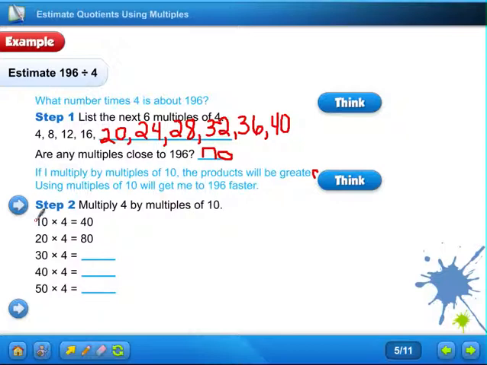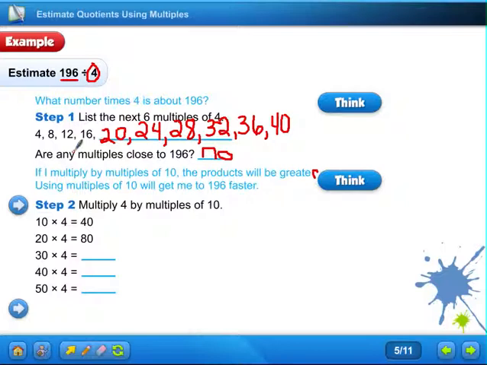So here you see they're counting by tens: 10, 20, 30, 40, 50. But here they're using the same number as 4 because you're dividing by 4, and you're trying to get close to that number.